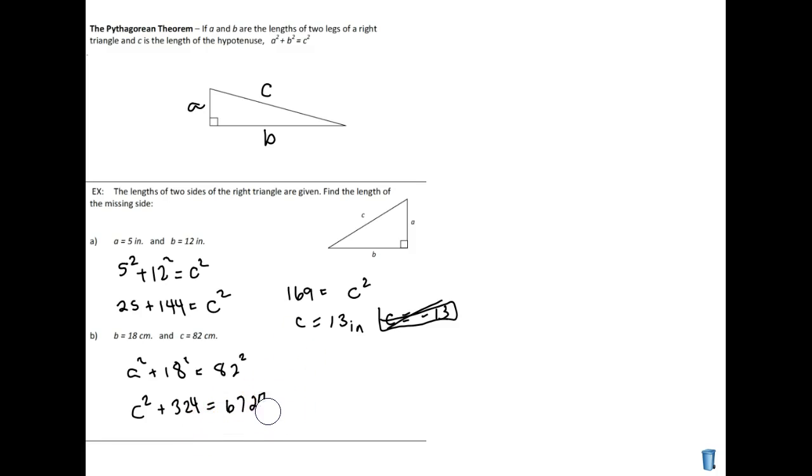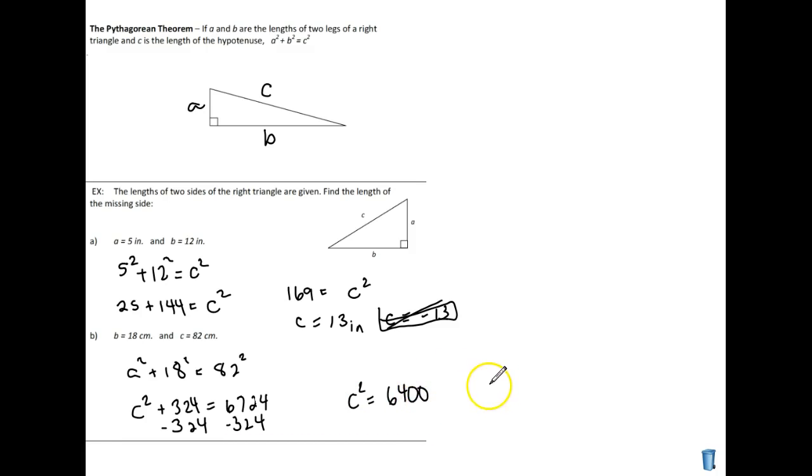Then we solve this by getting A squared by itself, and what we end up with is A squared equals 6,400. So when I take the square root, I ask myself what number, when I square it, gives me 6,400.